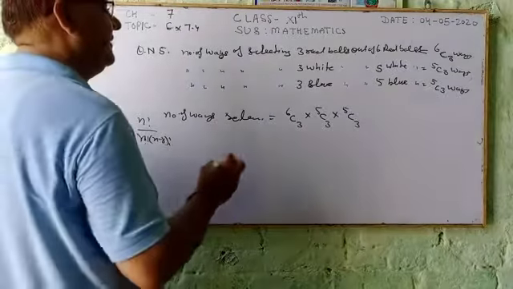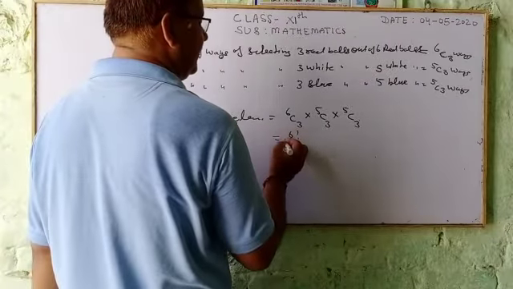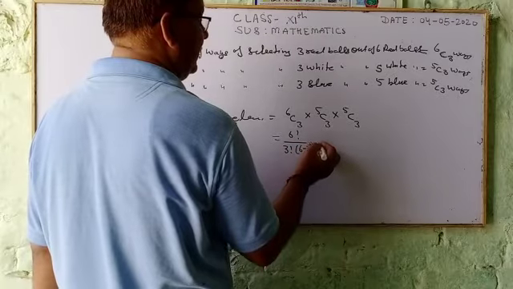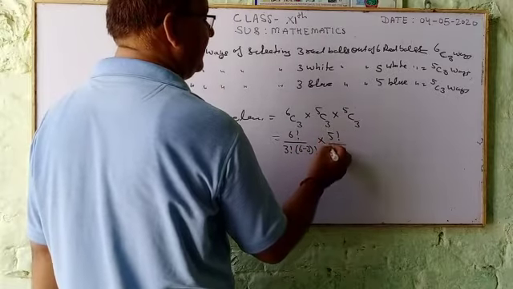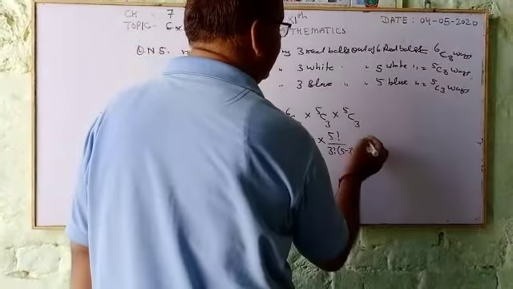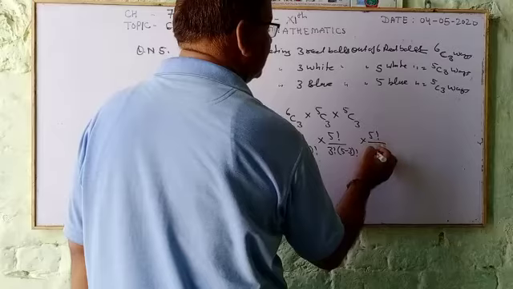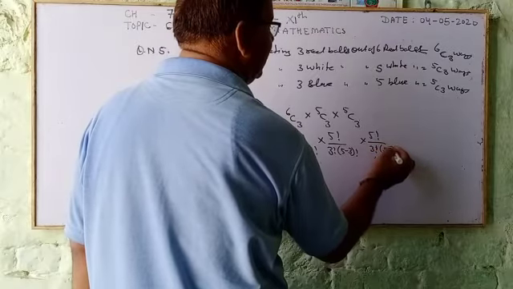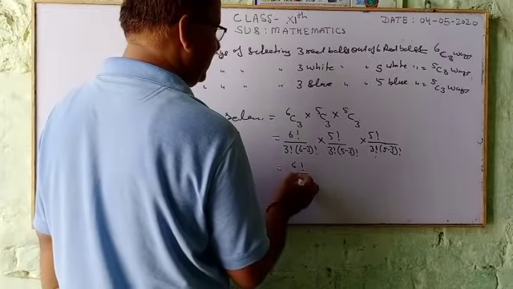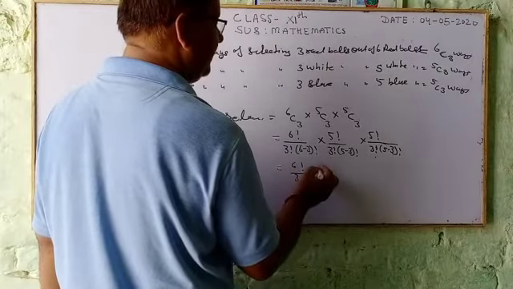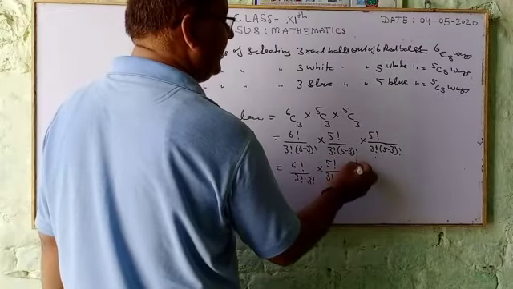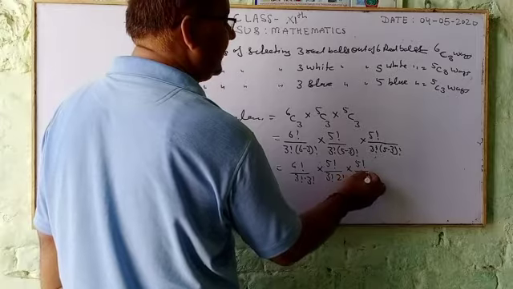So using this formula we get 6 factorial upon 3 factorial and 6 minus 3 factorial, 5 factorial upon 3 factorial, 5 minus 3 factorial, 5 factorial upon 3 factorial, 5 minus 3 factorial. So 6 factorial upon 3 factorial into 3 factorial, 5 factorial upon 3 factorial, 2 factorial, 5 factorial upon 3 factorial, 2 factorial.